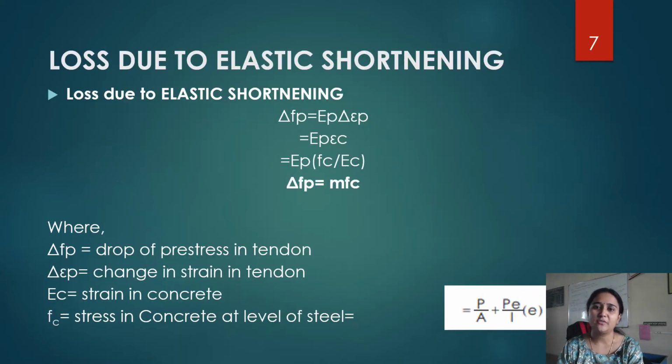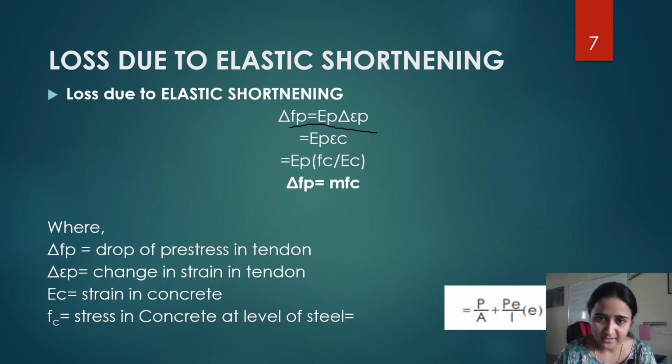So how do we quantify or get the loss value? For that this formulation is here. When we apply pre-stress to the concrete, elastic shortening takes place. This results in equal and simultaneous shortening of pre-stressing steel. So loss due to elastic shortening can be calculated as follows. We know Young's modulus E is equal to stress upon strain.